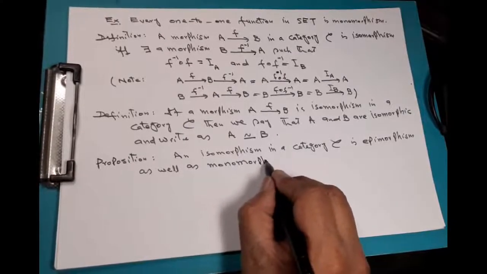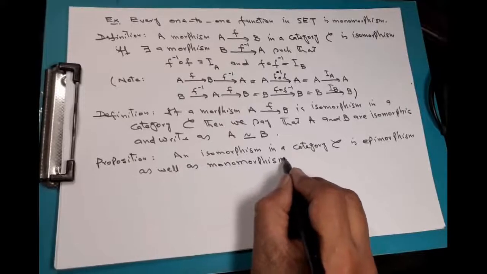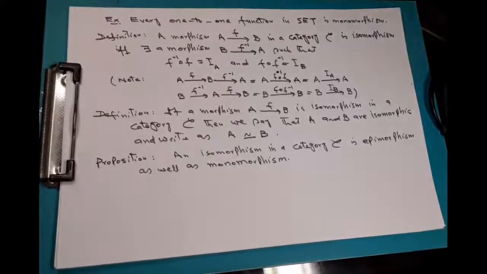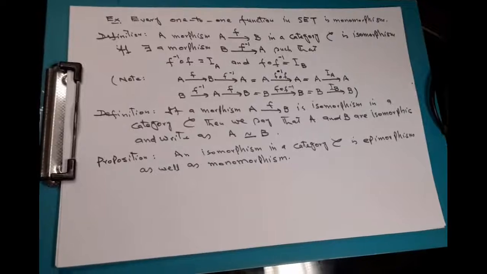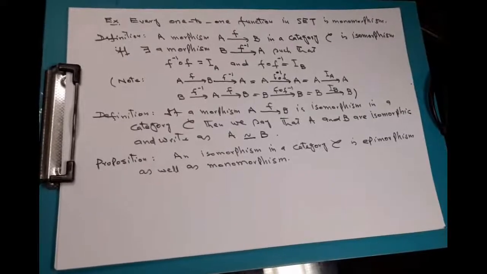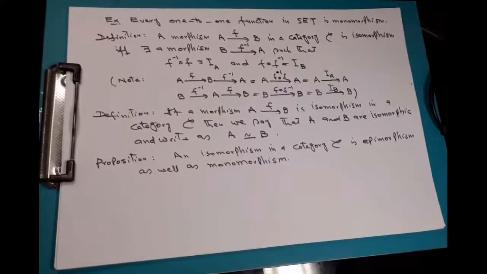And it seems quite obvious. What we are saying is that isomorphism is epimorphism and monomorphism as well. If you see in case of sets, what we are saying is a bijective function is onto and one-to-one as well. So this is if we see it in the category of sets.